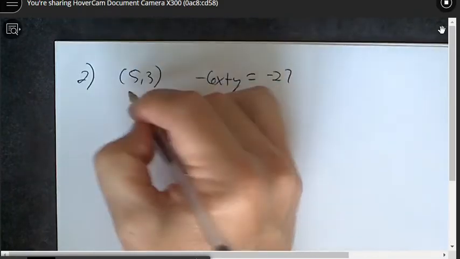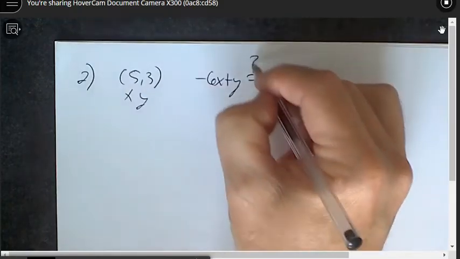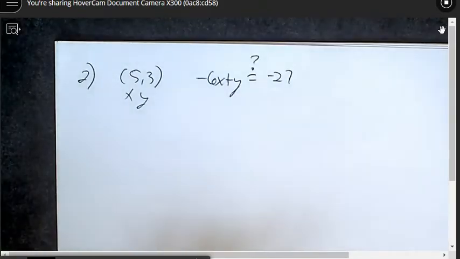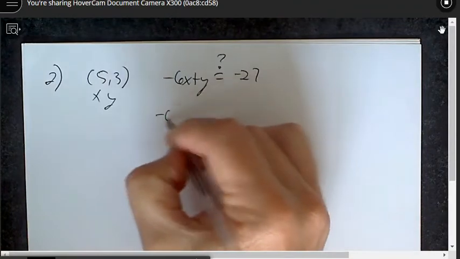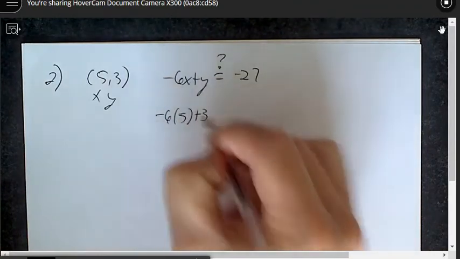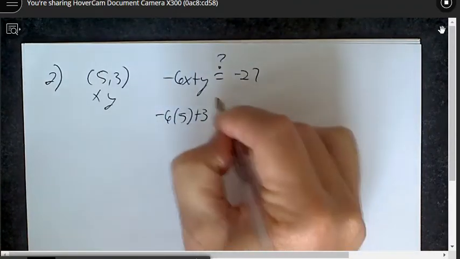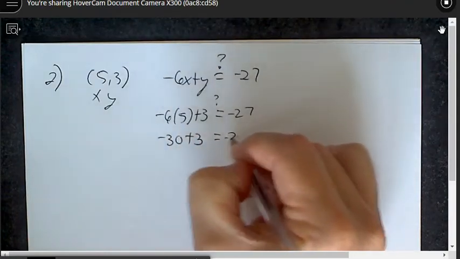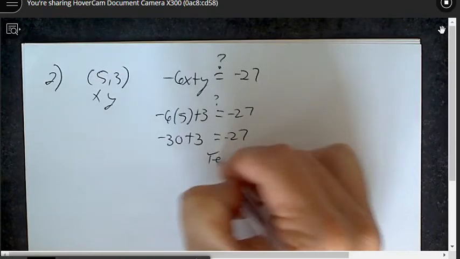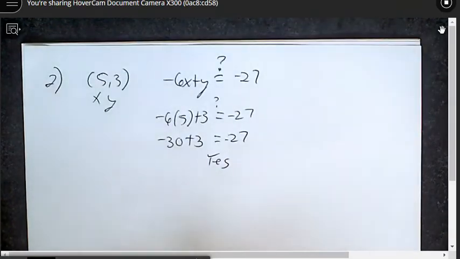And we're basically going to plug in this for x and y and see, does this equal negative 27 when we plug it in? So it's negative 6 times 5 plus 3. Does that equal negative 27? Negative 30 plus 3 does equal negative 27. So that first part of it's a yes.